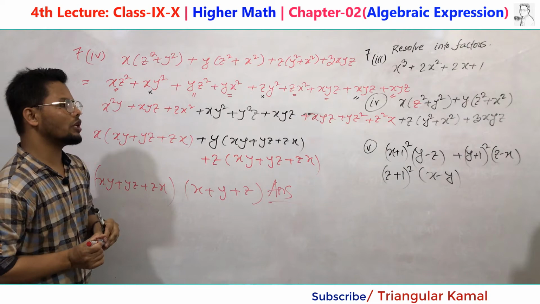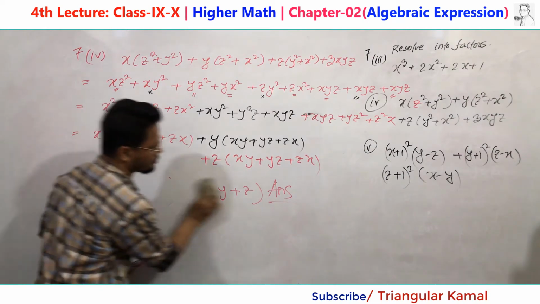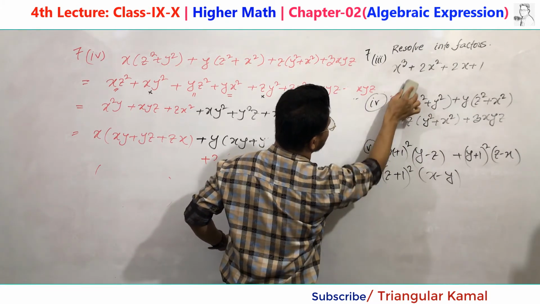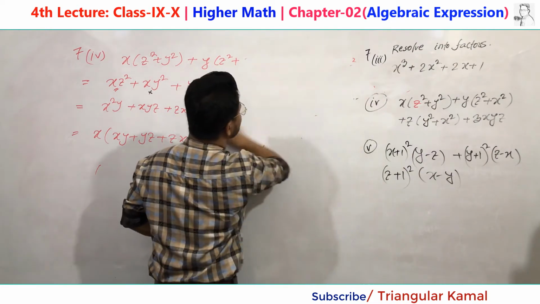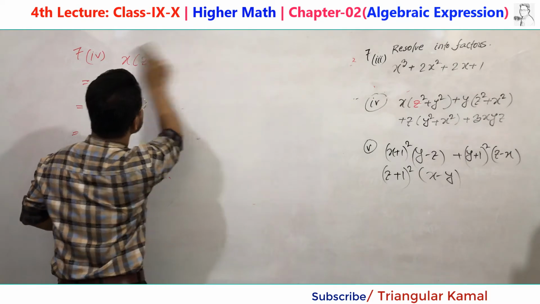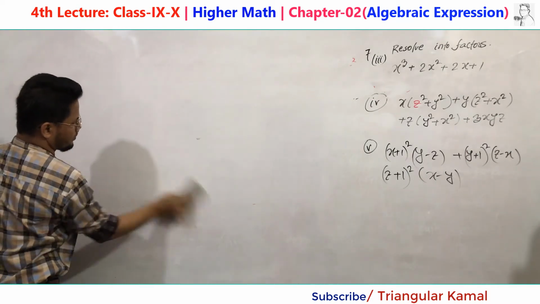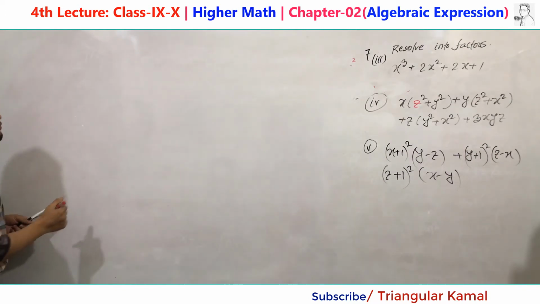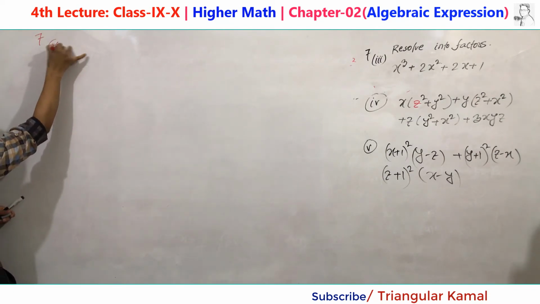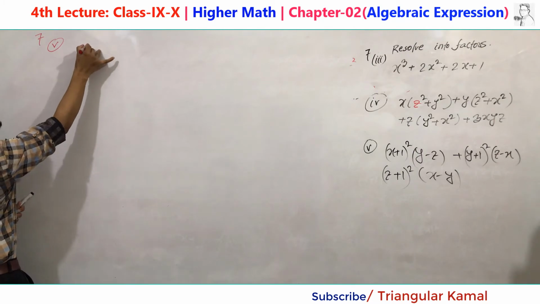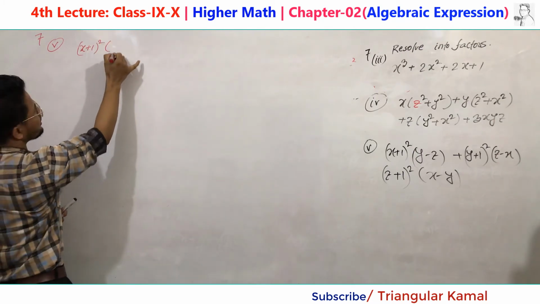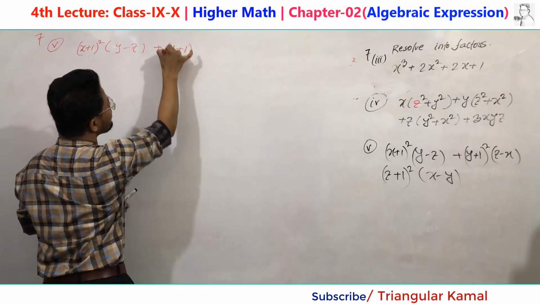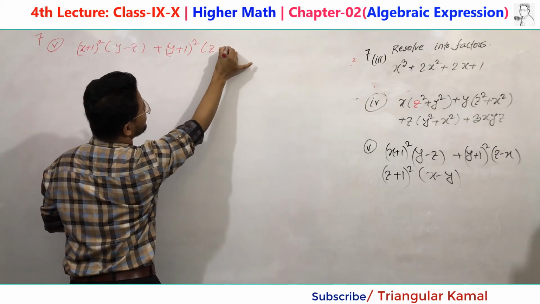Now similarly we will do number 5. Okay, attention to question number 5. x plus 1 whole square multiply with y minus z, plus y plus 1 whole square multiply with z minus x.